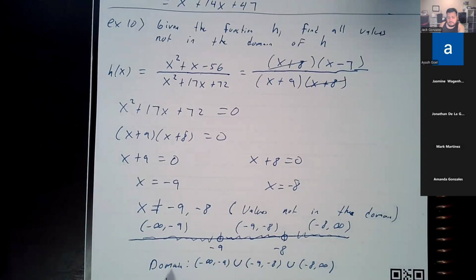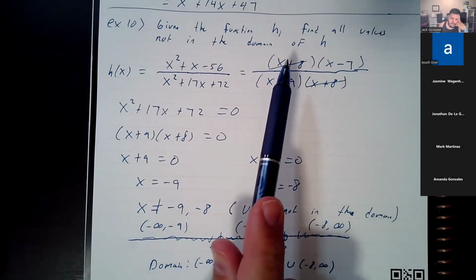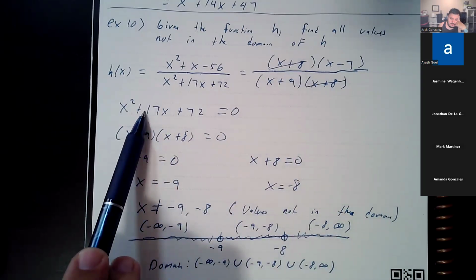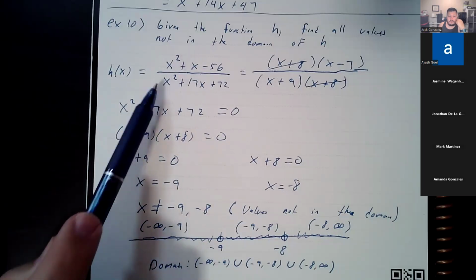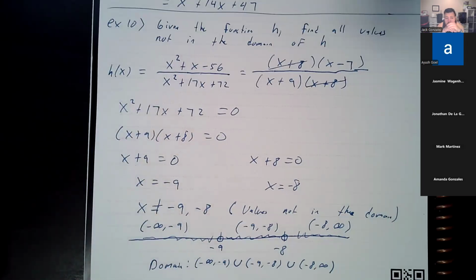This would be the domain by working around those two problem areas. But on the graph, you couldn't see both problems because it canceled. So we had to set the denominator equal to zero, find the values it cannot be, and include everything else around those two values. That's how you find the domain for a rational type. Are there any questions on number 10?